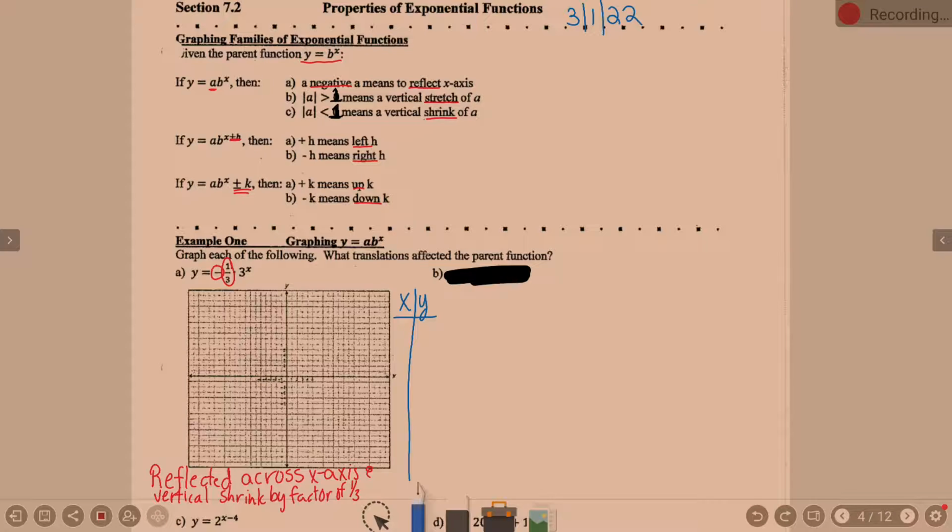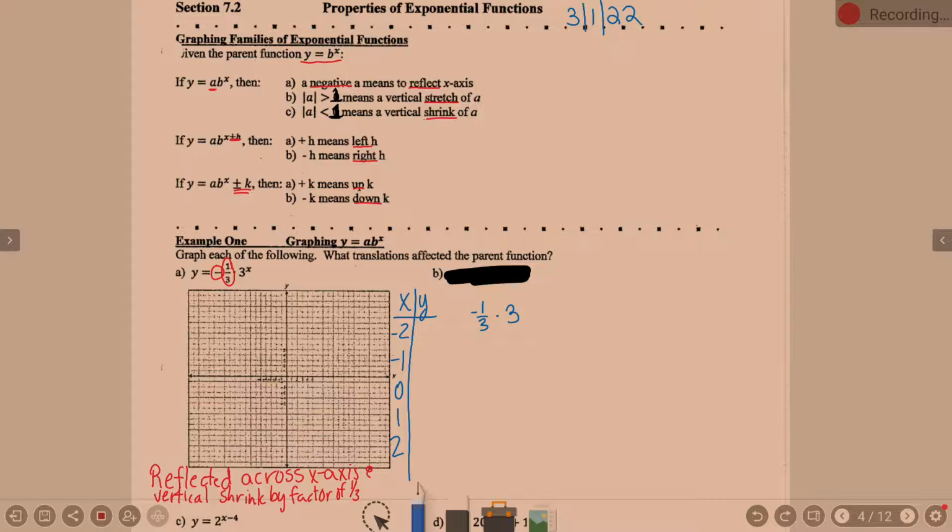I know, none of us want to think negative, but we have to. So I'm going to use negative 2, negative 1, 0, 1, and 2. And I'm just putting this into the whole original function. What is my whole function? Negative 1/3 times 3 to the x.